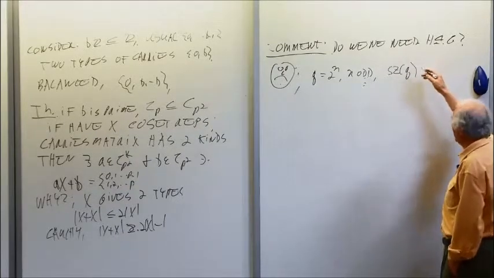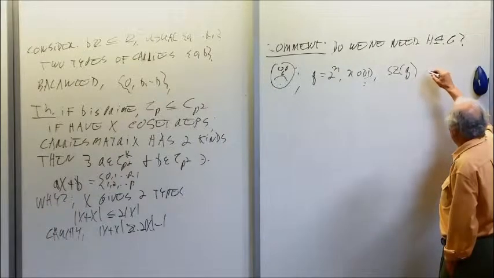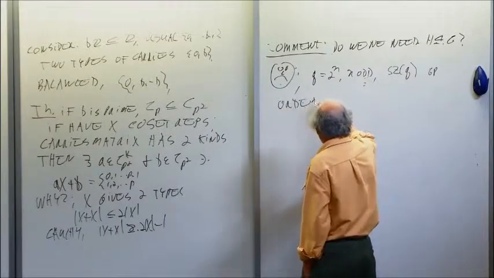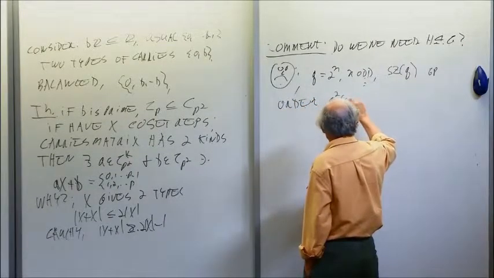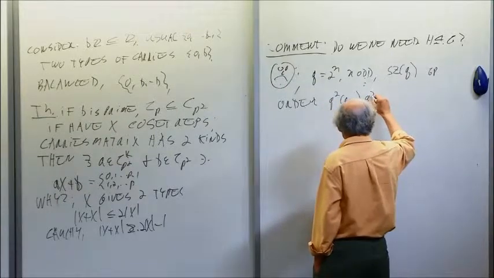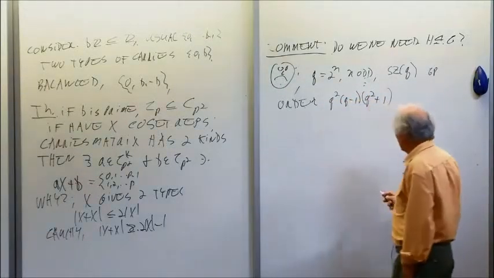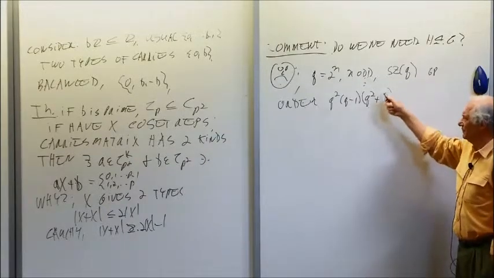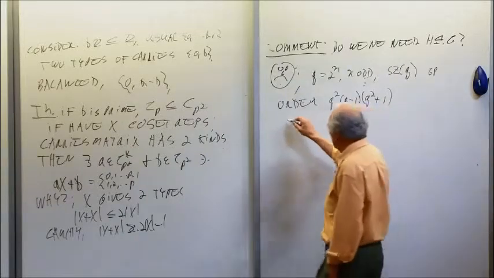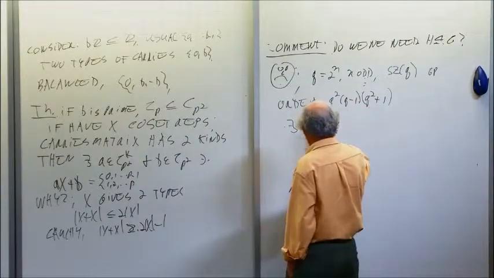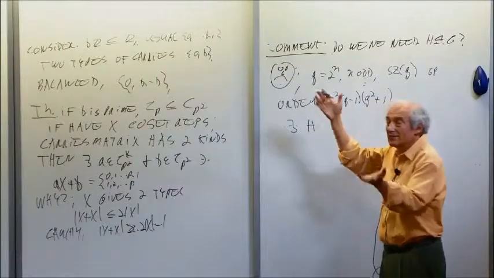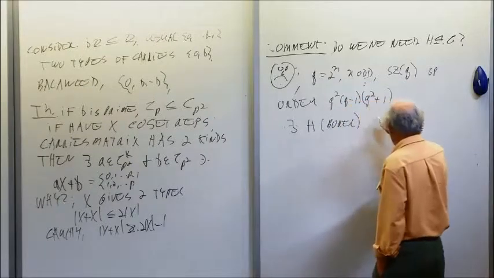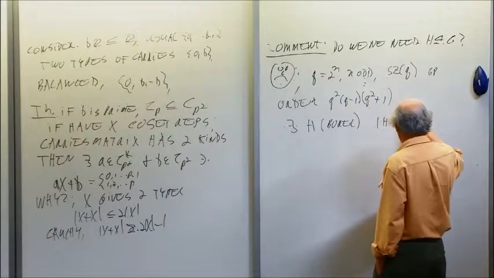It's a group of order, let me see if I remember, q squared times q minus 1 times q squared plus 1, basically q to the 5th. It's a group of that order. There is a subgroup of this size. There exists H, which is the Borel subgroup, size of H is equal to q squared plus 1.